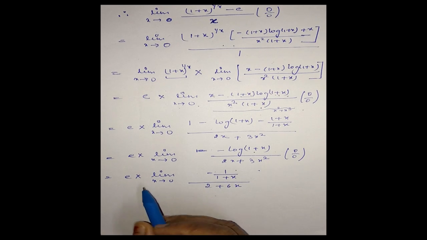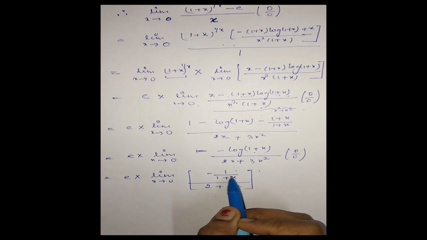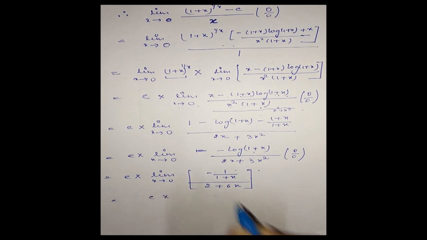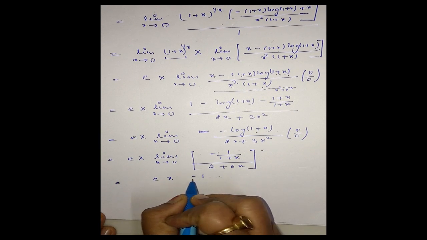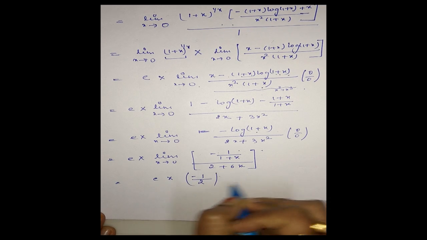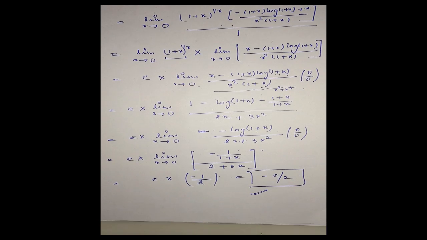Now taking limit as x tends to 0, this will be minus 1 by (1 plus 0), that is minus 1. Let us write here e into the numerator minus 1 divided by 2. That means this is the answer, minus e by 2. Okay, clear?